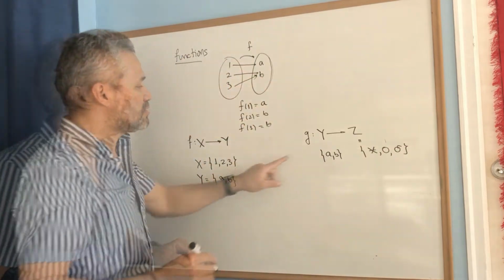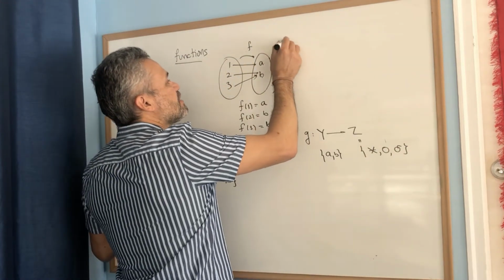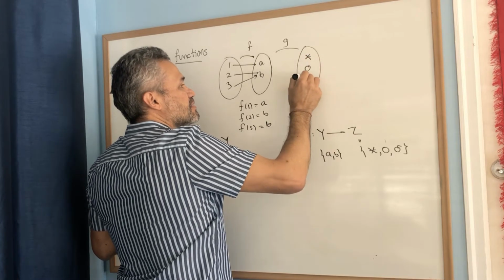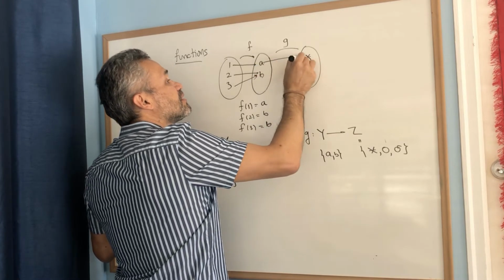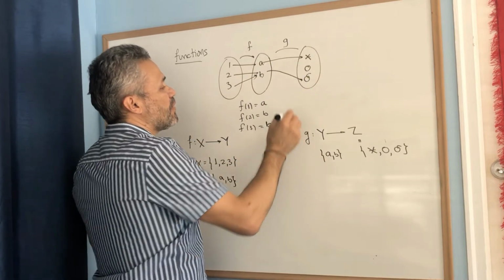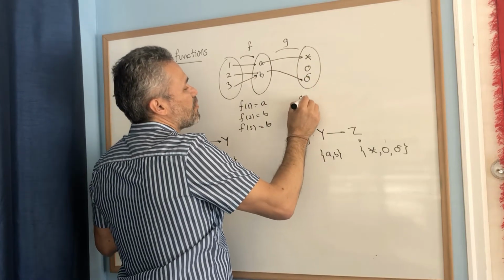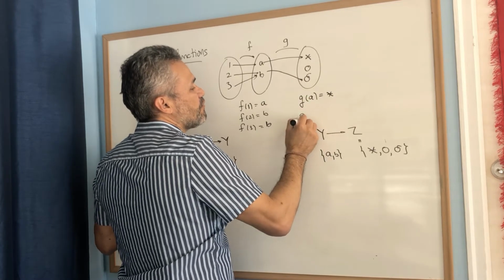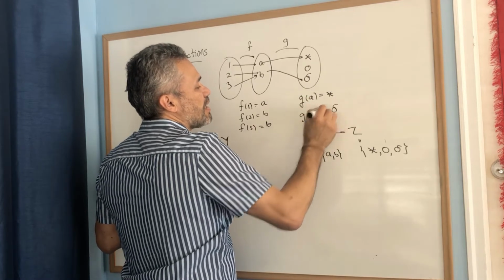Let's suppose that the function g sends a to the star and b to the apple. Then in this particular example, g of a is the star, and g of b is the apple.